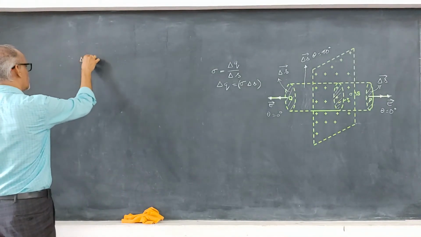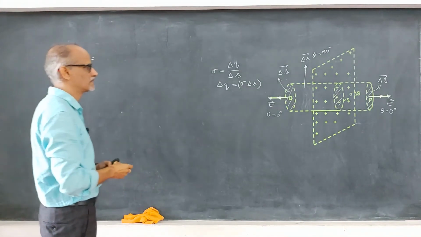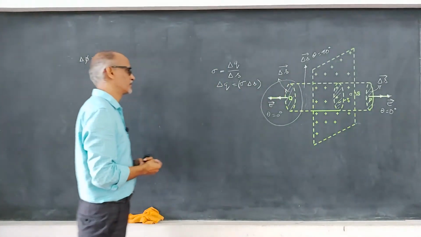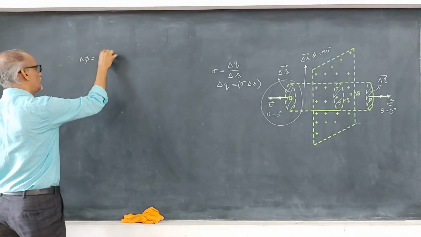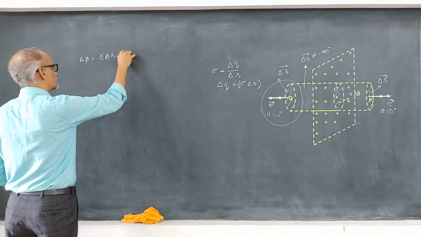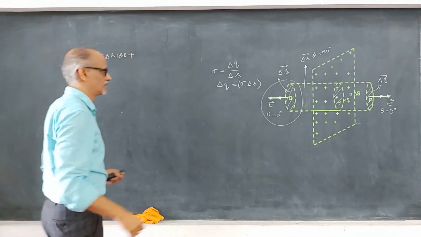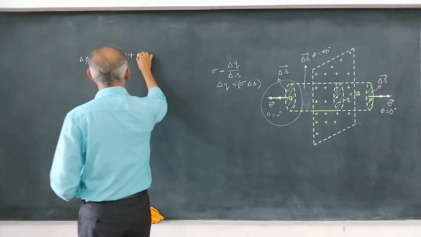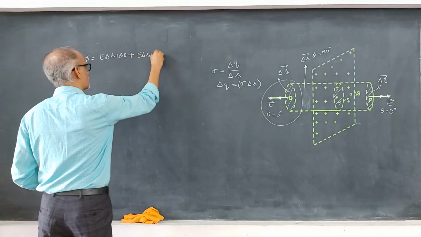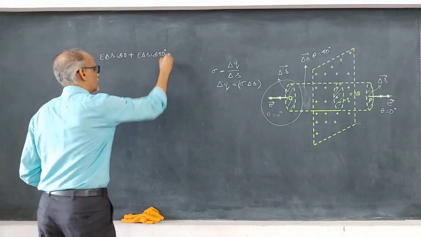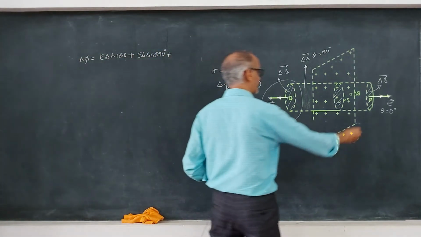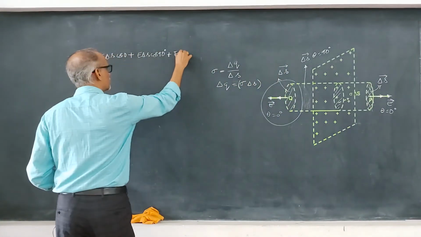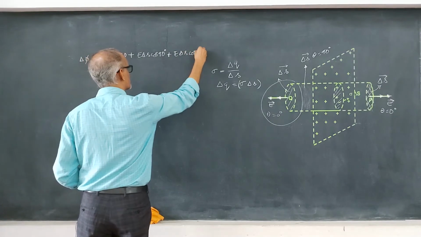So the total flux is given by the flux through the surface containing Q, which is E delta S cos 0, plus the flux through the lateral surface, E delta S cos 90, plus the flux through the end face containing point P, E delta S cos 0.